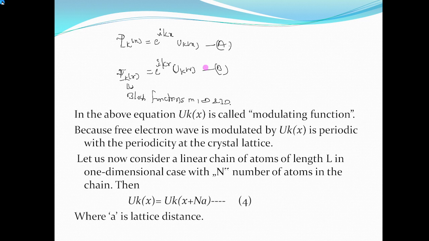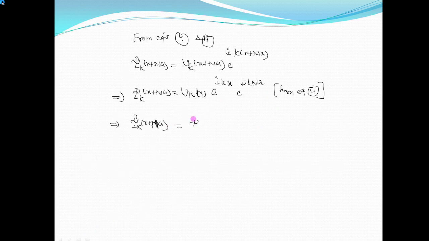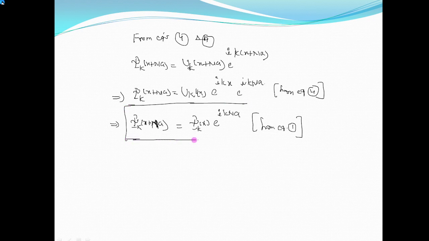It is nothing but psi k(x) from equation 1. So uk(x) e power ikx is psi k(x), this is from equation 1. So psi k(x+Na), I got it as psi k(x) e power ikNa. This is called the Bloch condition.